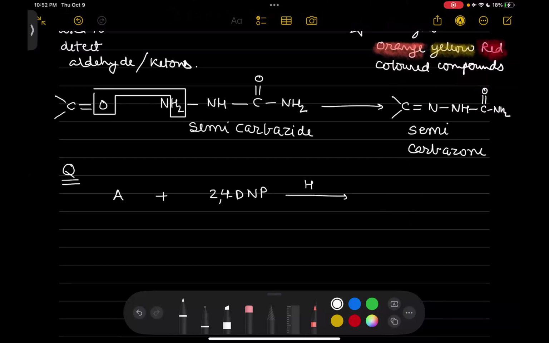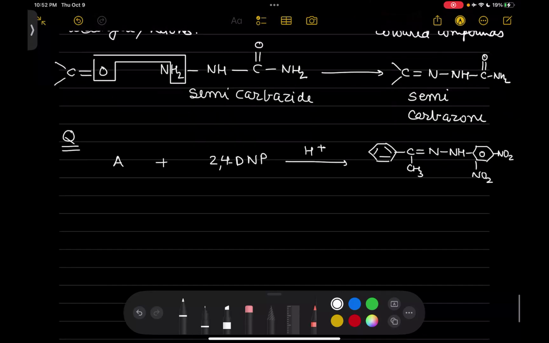Okay, so let me ask you the question. When A reacted with 2,4-DNP, you ended up with this compound. So what is A?